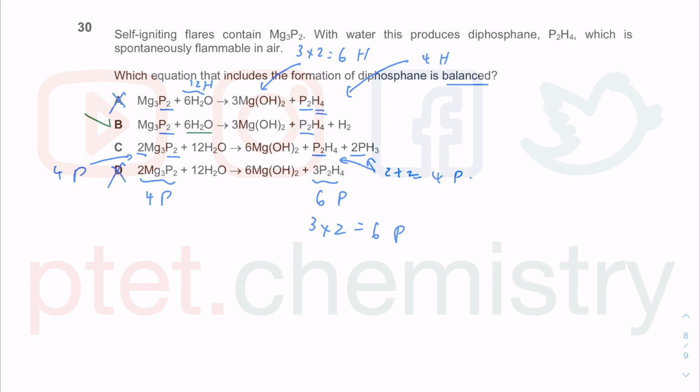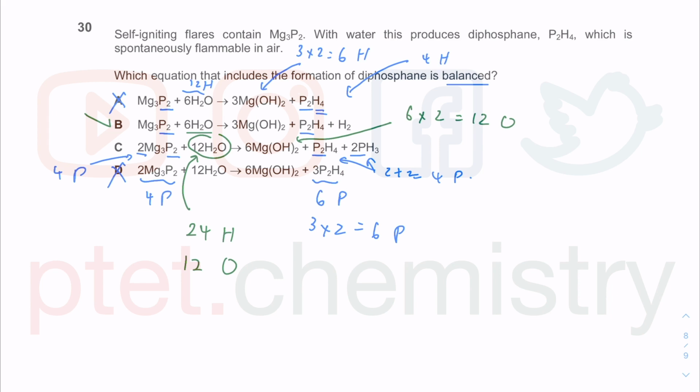Let me convince you that C is wrong. I have 24 hydrogen on the left. I have 12 oxygen, and I can immediately see that my oxygen here is not 24 because I have 2 oxygen times 6, which is 12 oxygen, no other oxygen on the other end. Actually, the oxygen does balance out, so I can't talk about oxygen.